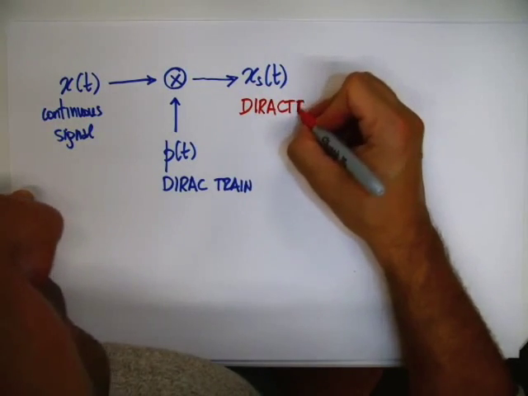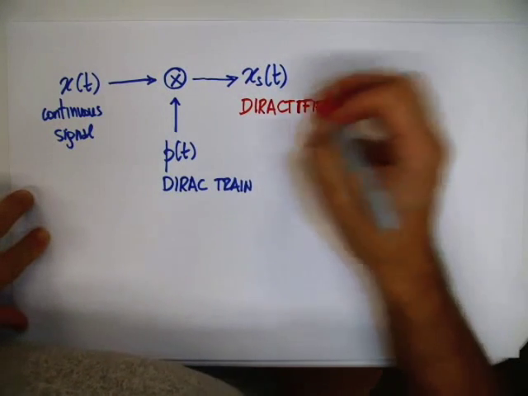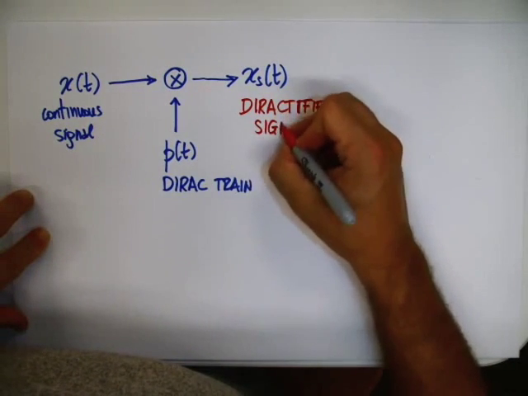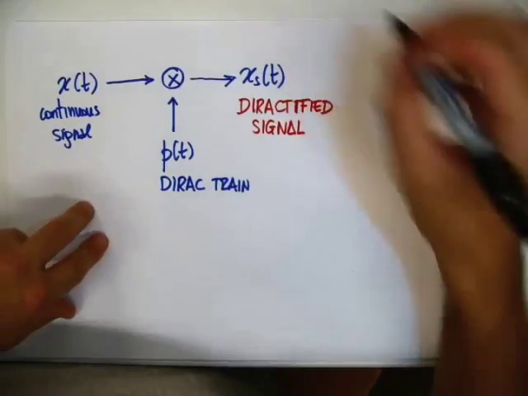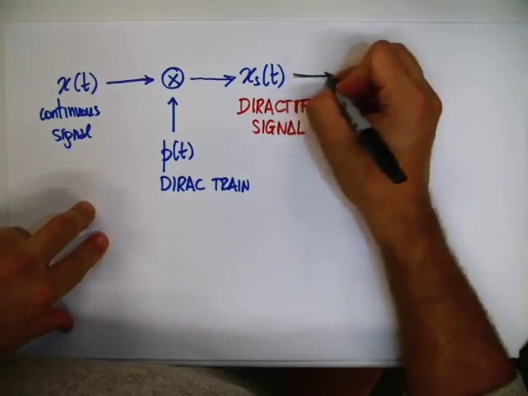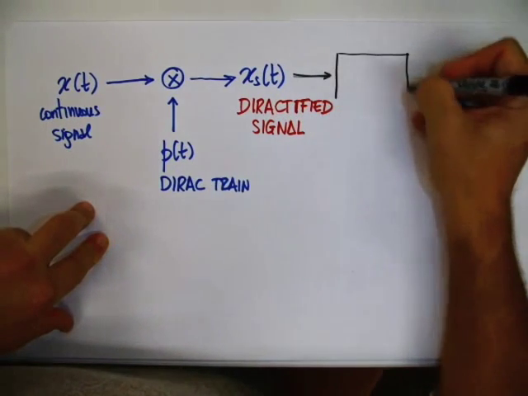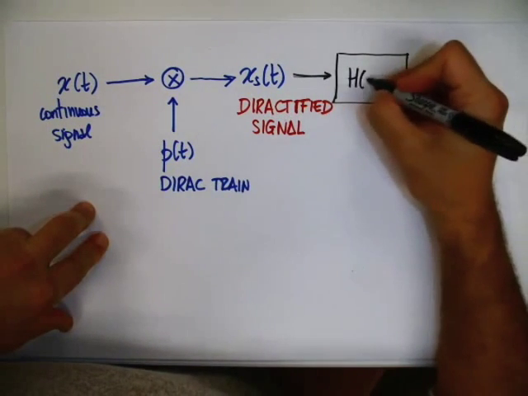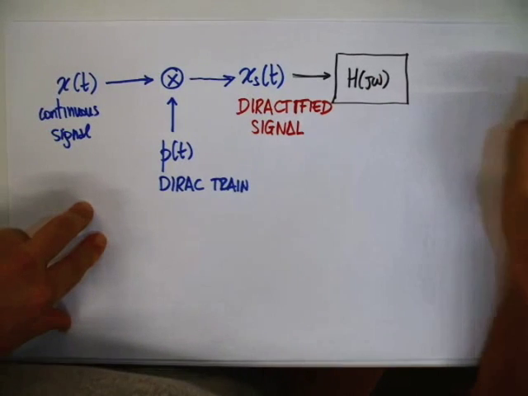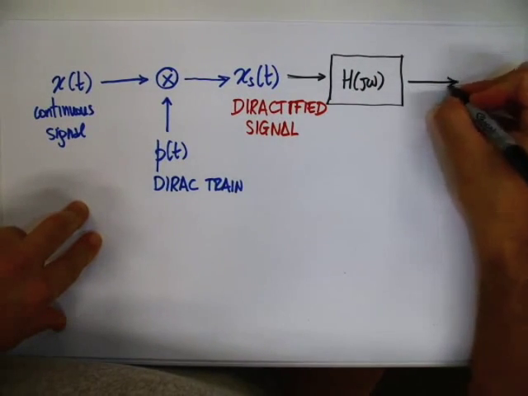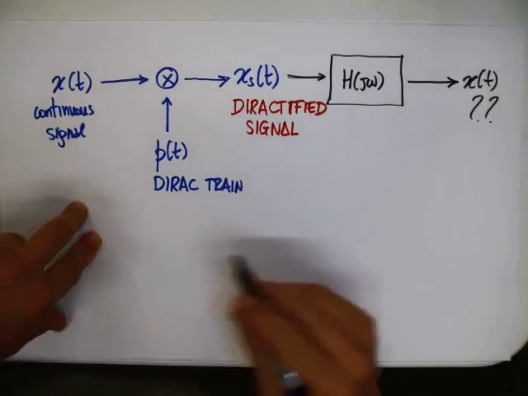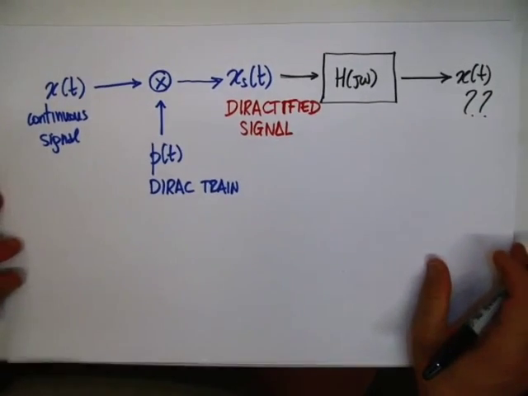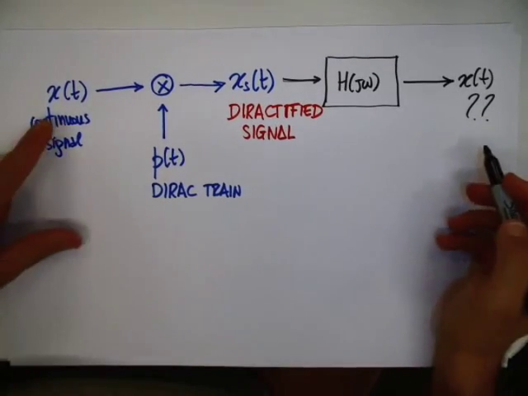And now what we would like to do is take this signal, pass it through a filter that we need to design, and see if we can regain the original continuous signal.